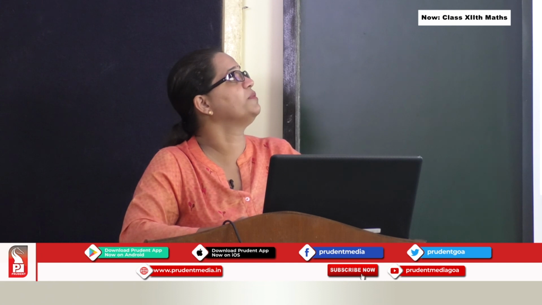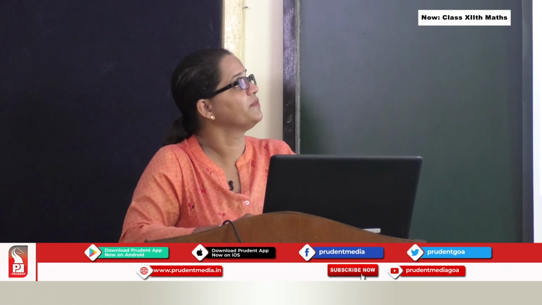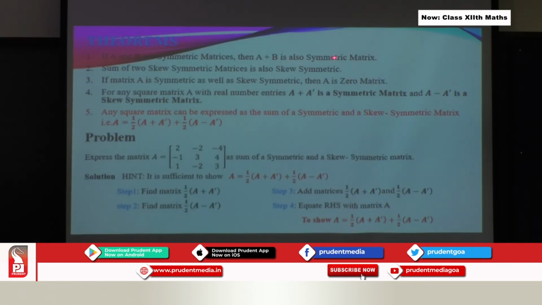Now certain theorems you people need to know here. If A and B are symmetric matrices, then A plus B is also a symmetric matrix. Second one, the sum of two skew symmetric matrices is also skew symmetric.